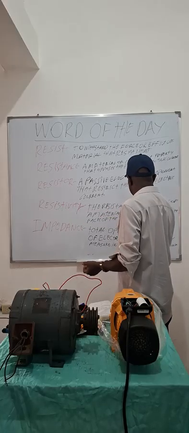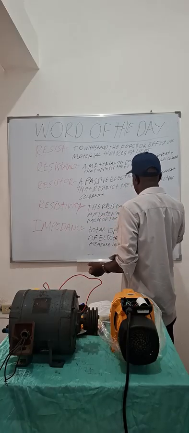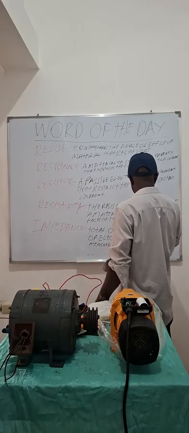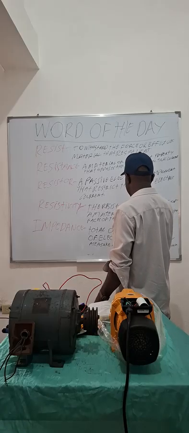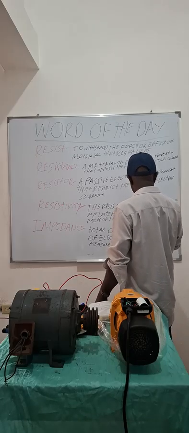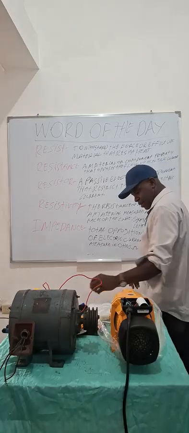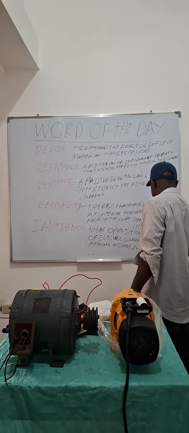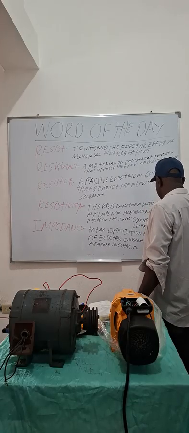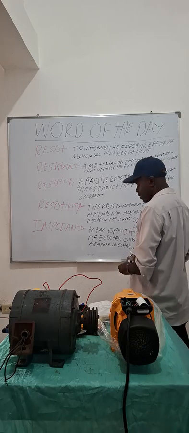Resistivity is the resistance of a unit cube of a material measured across opposite faces of the cube. The symbol is the Greek letter rho. Rho is the symbol for resistivity.